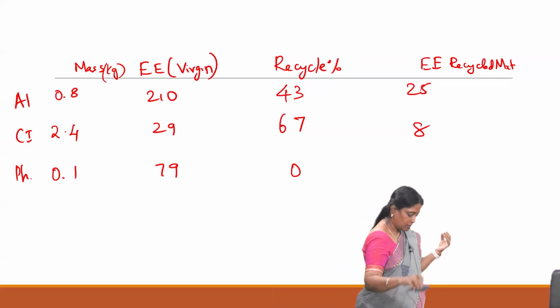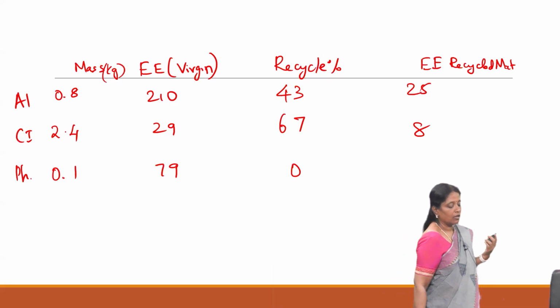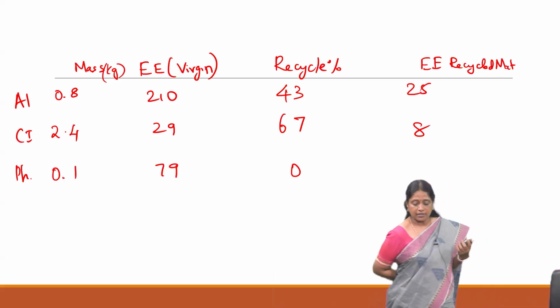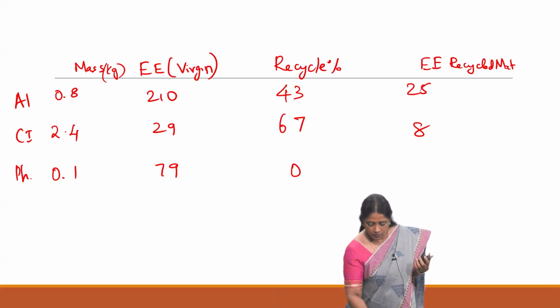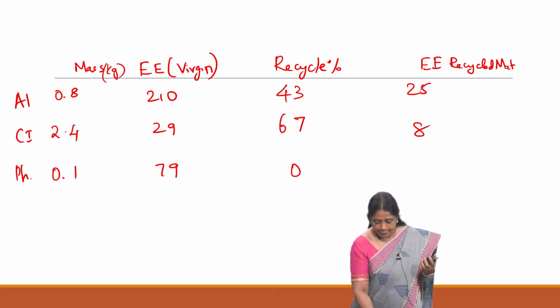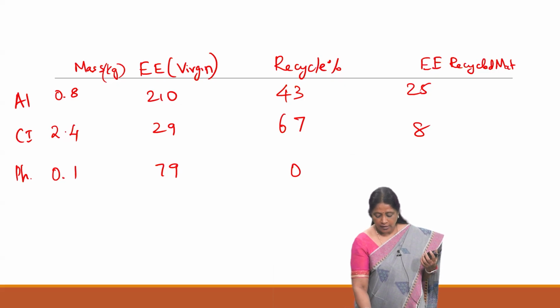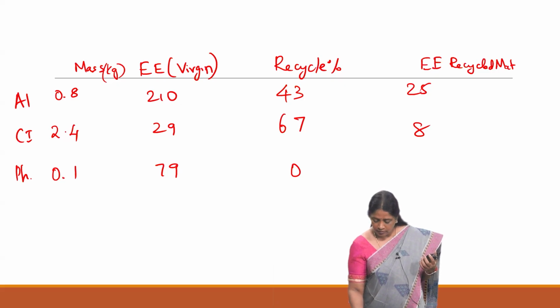So for the original aluminum alloy based cooking pot, the embodied energy is 176. If it is a cast iron pot, or if it is using recycled aluminum, or if it is using recycled cast iron, it comes to 55.